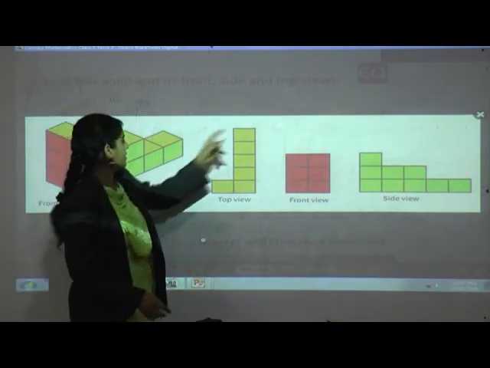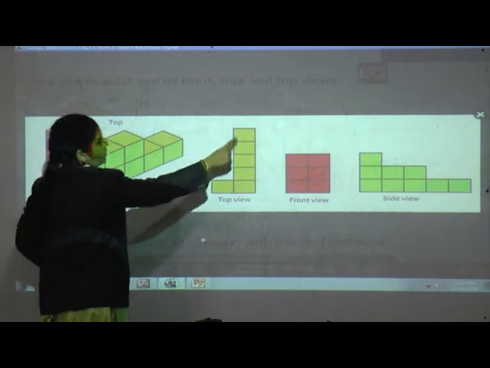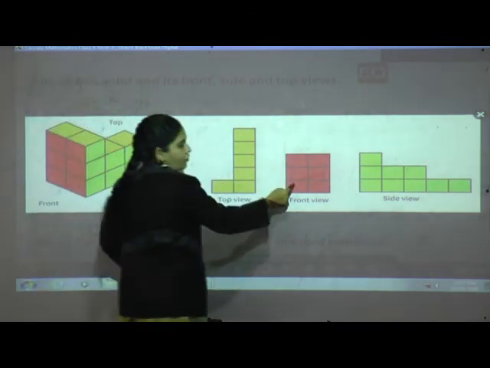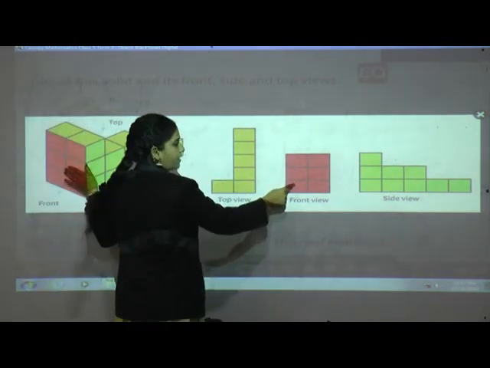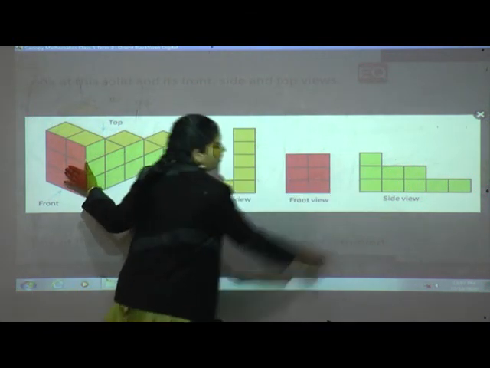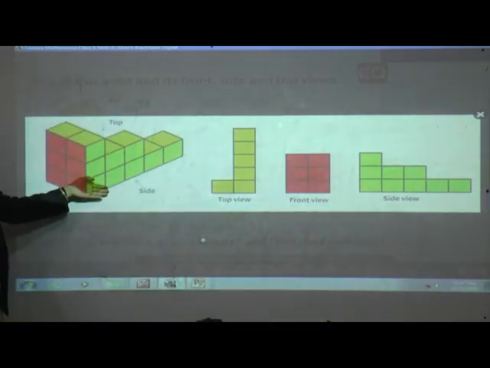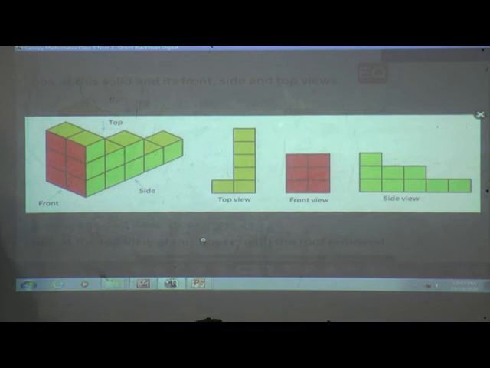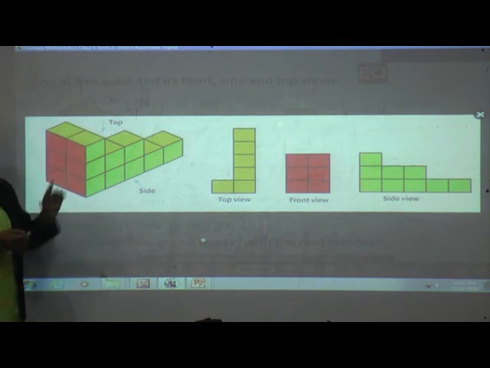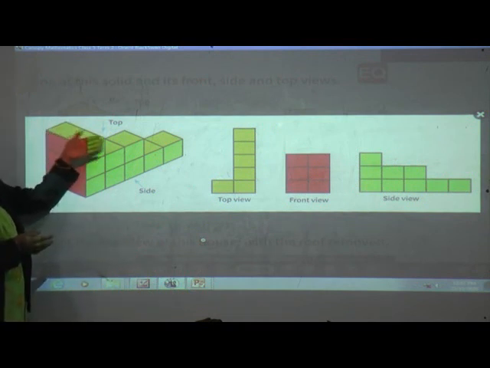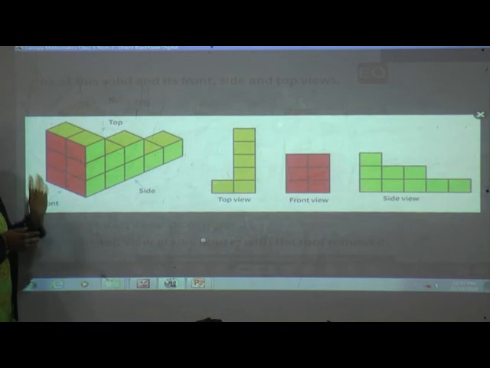So see carefully, the top view and front view are given in red color, and in green color they have given the side view. So all of you know top, side and bottom, even the front. So according to this we have to identify which one is the top view, which one is the side view, which one is the front view. Okay, so we'll see the next point.